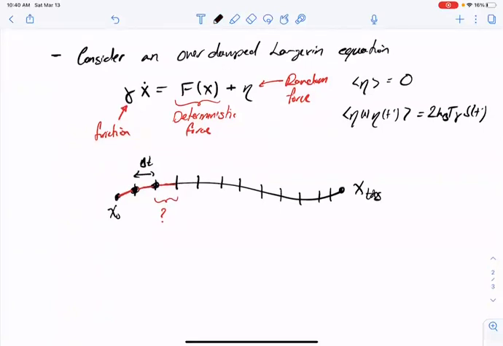So a way to discretize this Langevin equation would be to take a finite difference for the time derivative. We can evaluate that f at one of the endpoints.